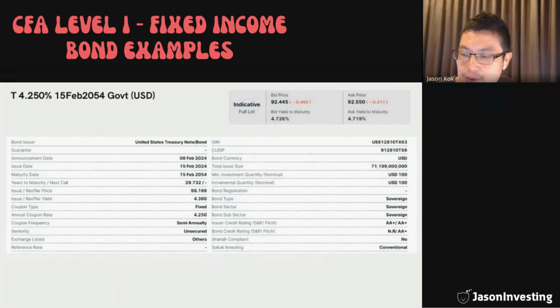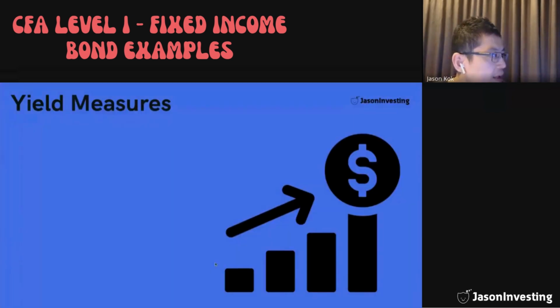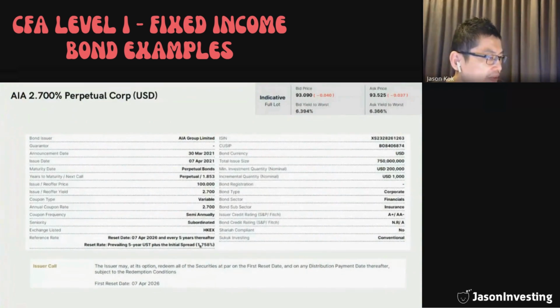Okay, so this bond is a callable bond. The issuer, at its own discretion, can redeem all of the securities at par.